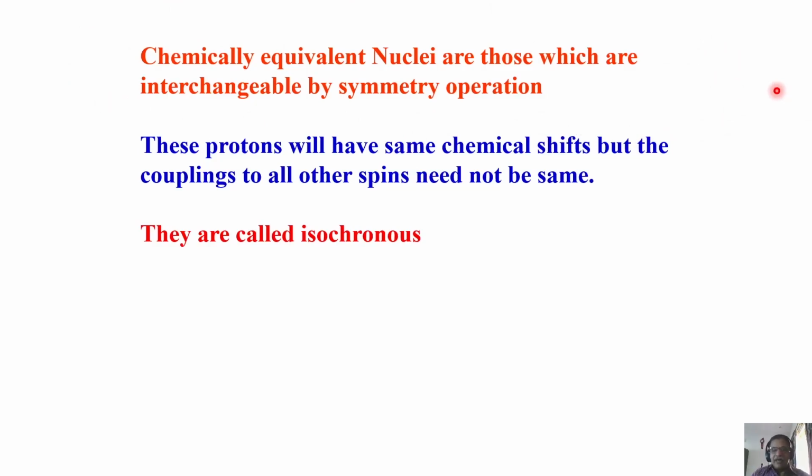The molecule has symmetry, whether it is a C2V symmetry or an inversion symmetry. Depending upon the type of symmetry it has, we can say whether the protons have the same chemical environment. Chemically equivalent means they should have the same chemical environment. We can find out by simple symmetry operation.